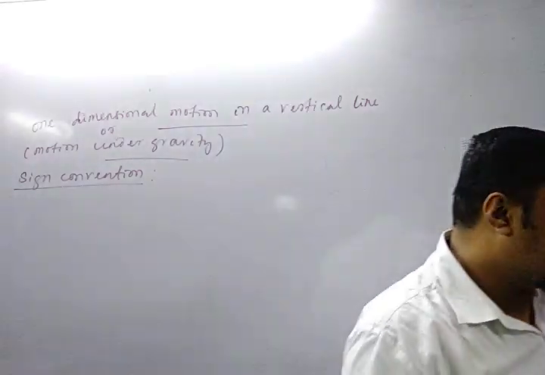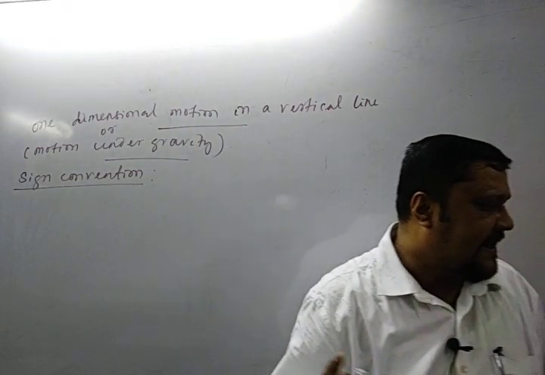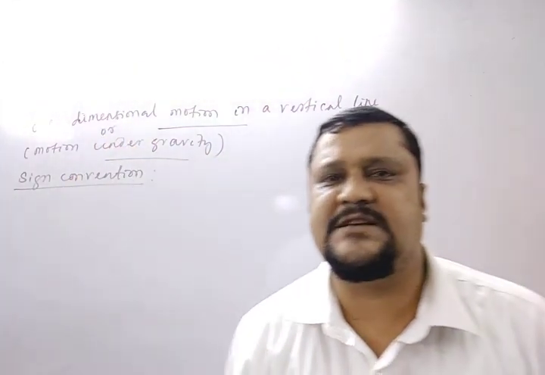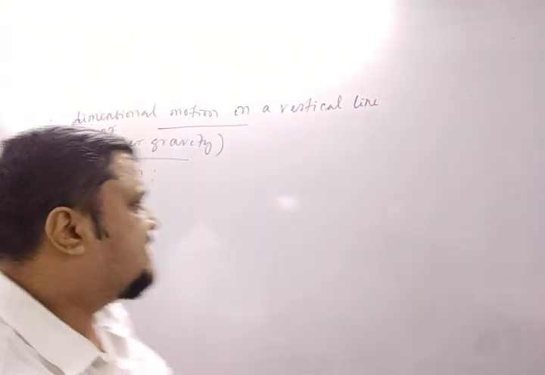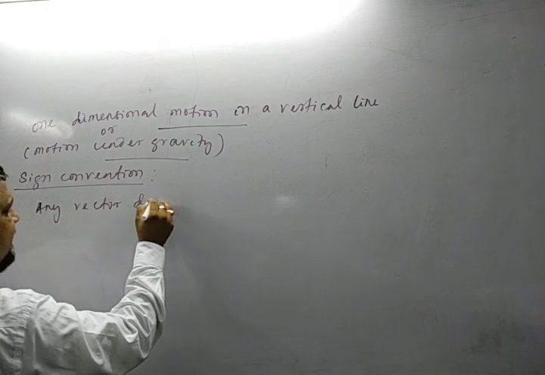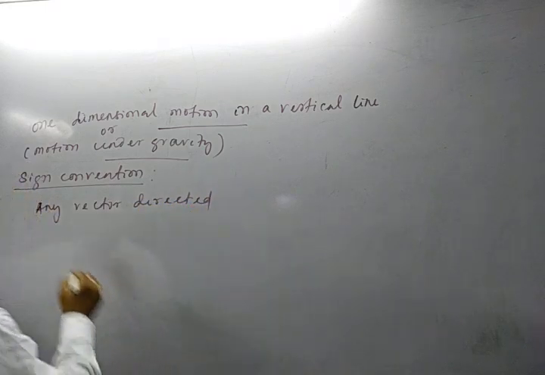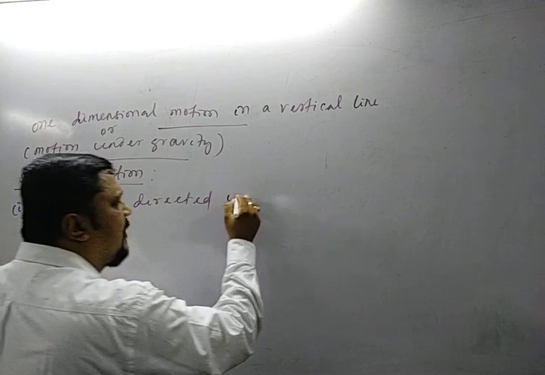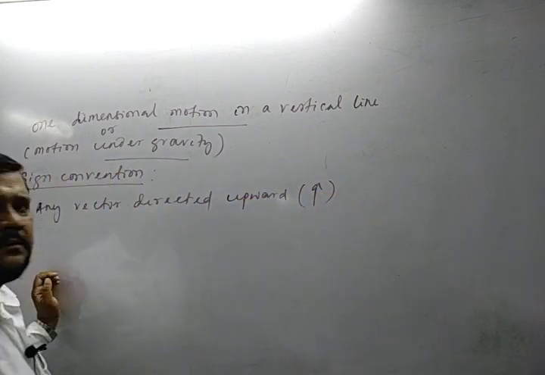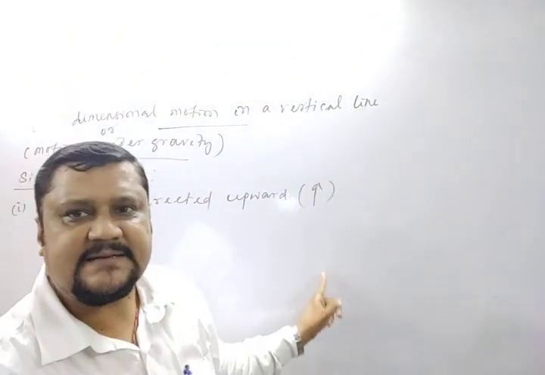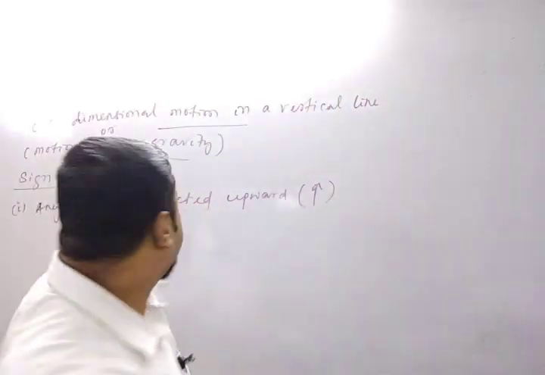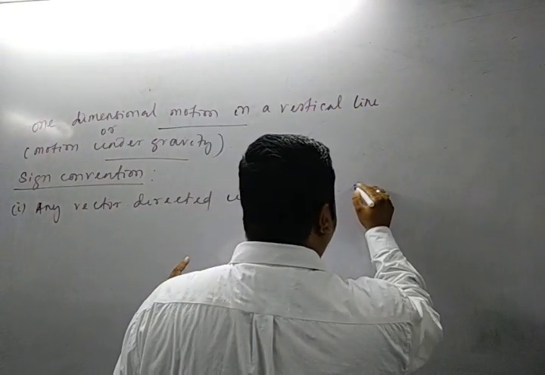When you are using the sign convention, remember one thing: any vector quantity directed upward will be considered as positive. Directed upward, positive. Any vector directed upward, like velocity directed upward, acceleration directed upward, or displacement directed upward, is positive.